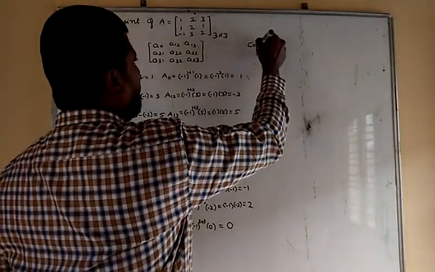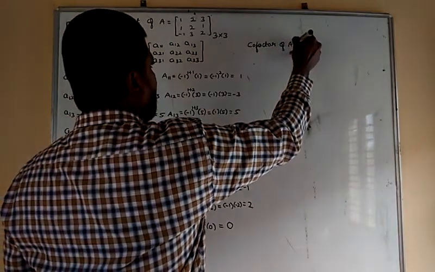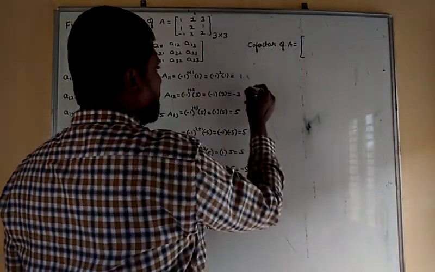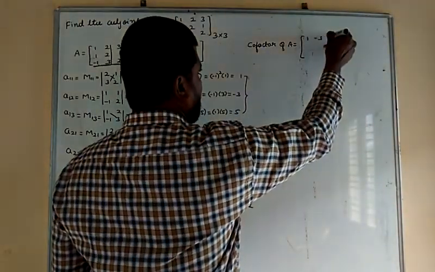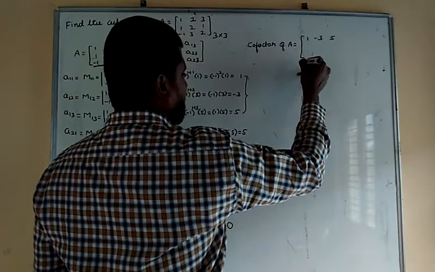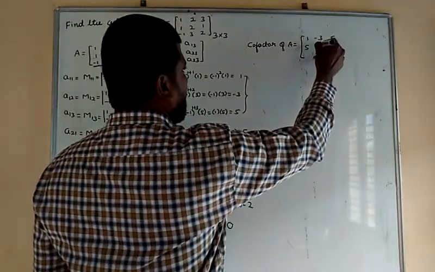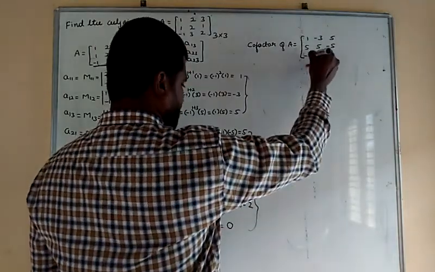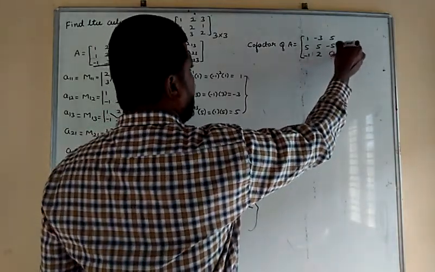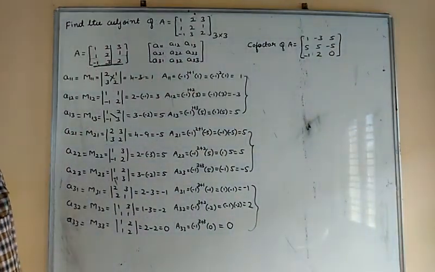Cofactor of A is equal to, first three elements in the first row, 1 minus 3 5, then second row, 5 minus 5, then third row, minus 1 2 0. So this is the cofactor of A. So we have written it in the matrix.